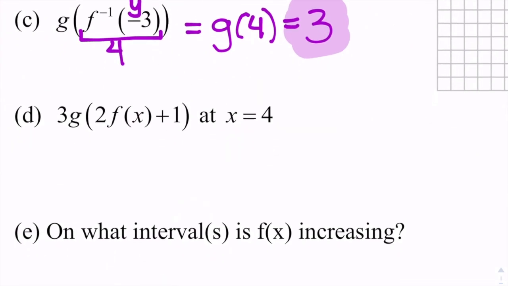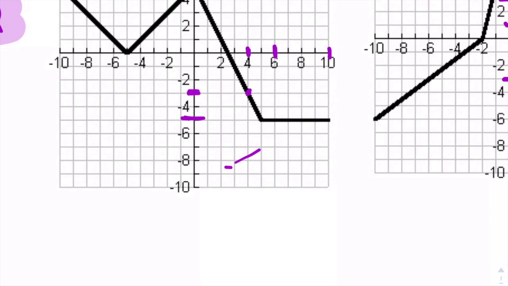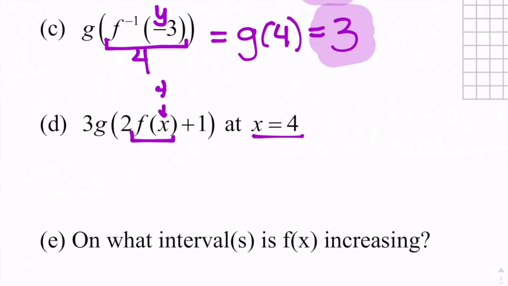And so now, if we keep going, we're at x equals 4. So we're going to start on the inside, and we're going to replace this x with 4 and evaluate g of f of 4. And so if we go to f of 4, we're at y is negative 3. And so this is going to be 3g times 2 times negative 3 plus 1.